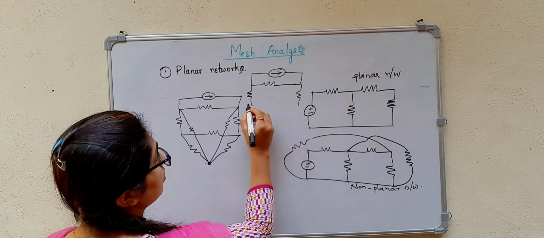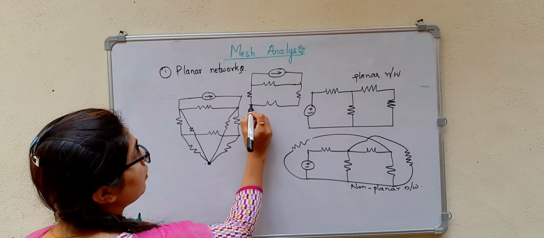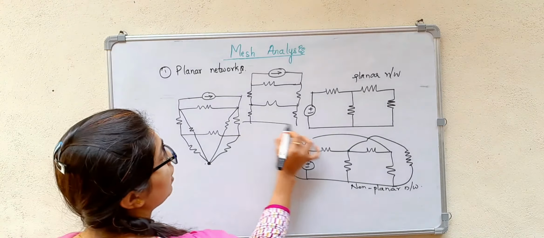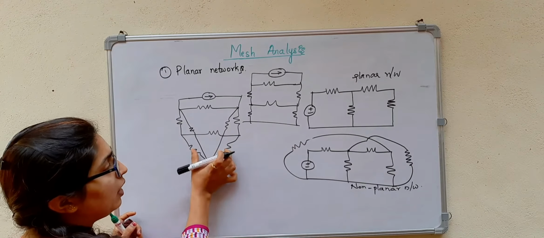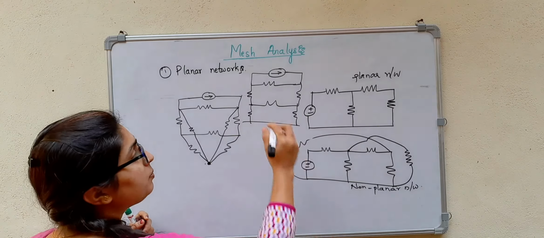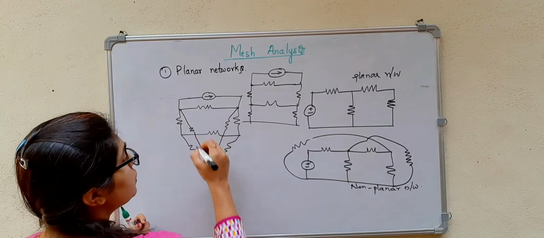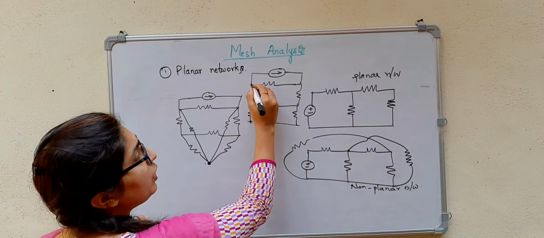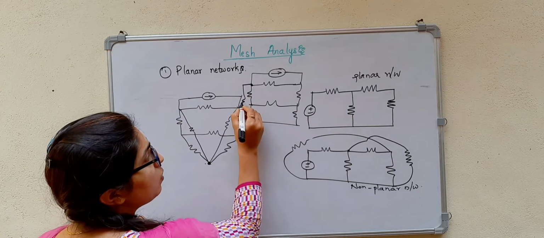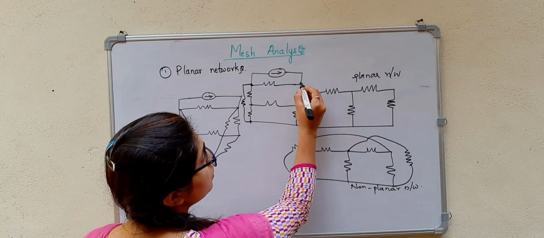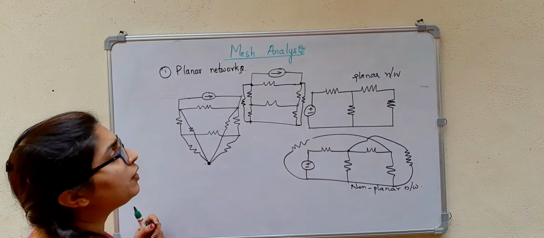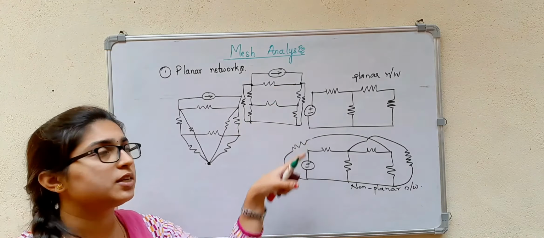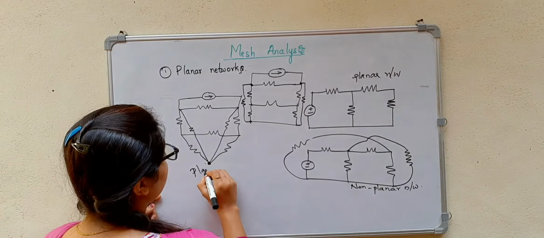Now we can write this as two resistors like this, which are in parallel, these are also in parallel, and from this node to this node we have one resistor. No need to write it like this, we can take that outside and write it like this. Here also we can take it like this. Now it looks like a planar network because there are no crossover branches here.